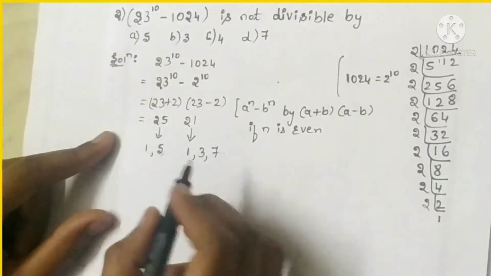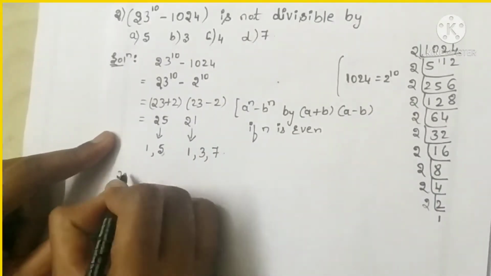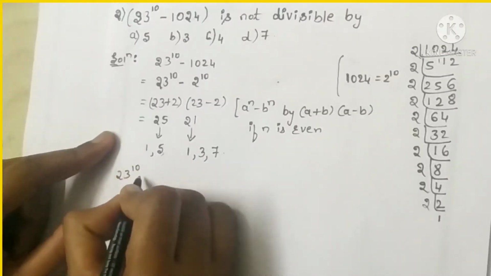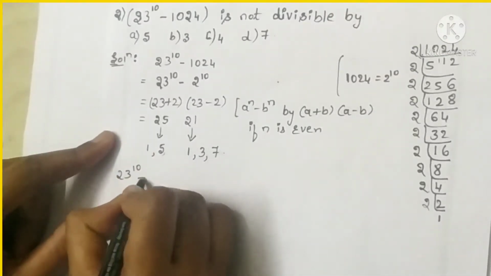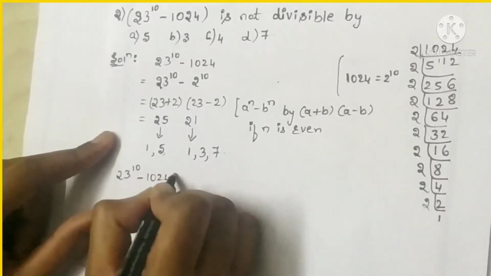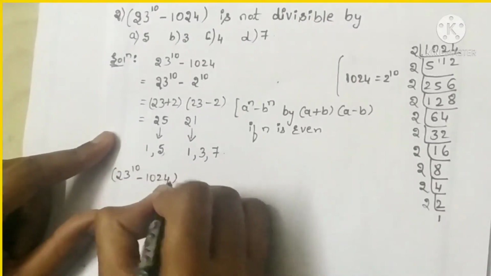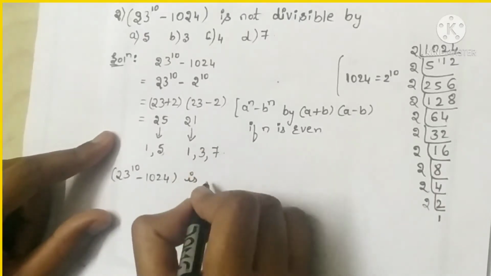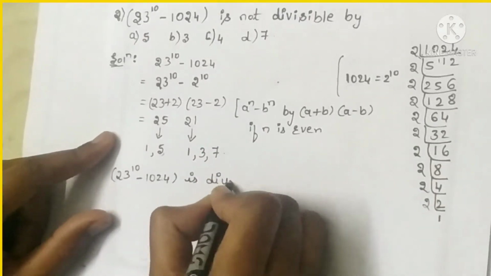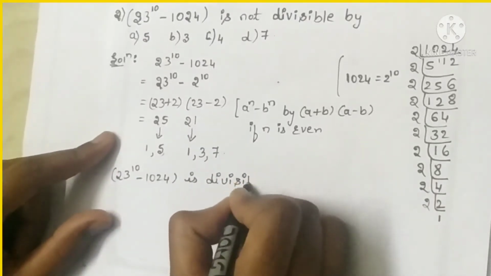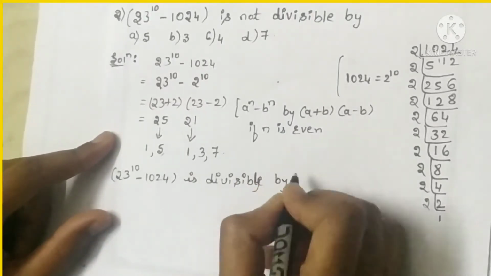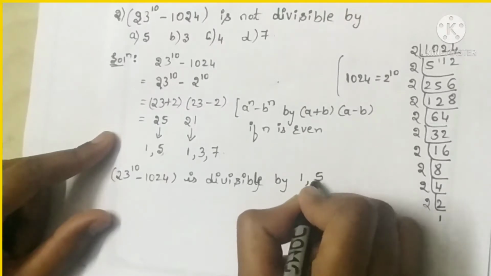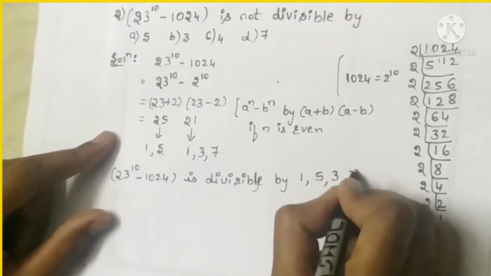So we can write 23 to the power of 10 minus 1024 is divisible by 1, 5, 3, 7.